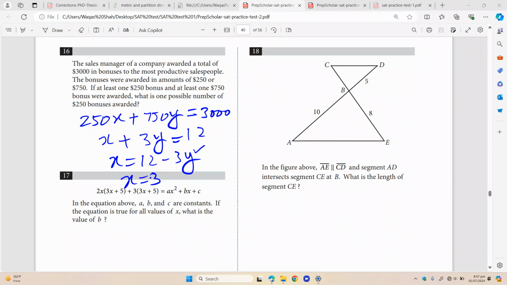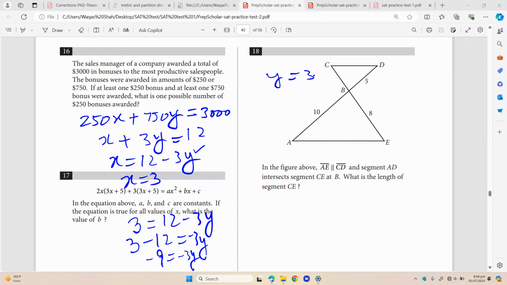Okay, so if there are 3 bonuses of 250, then 3 is equal to 12 minus 3y, and then 3 minus 12 is equal to minus 3y, and it will be minus 9 is equal to minus 3y. So y is equal to 3. So it means that if there are 3 bonuses of 250, then 3 bonuses of 750 as well. Okay, so that is one scenario.